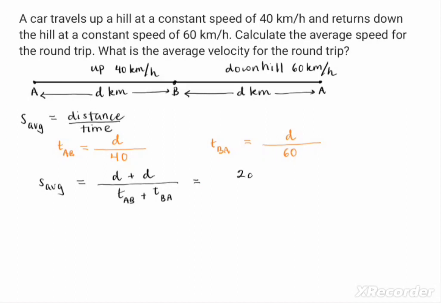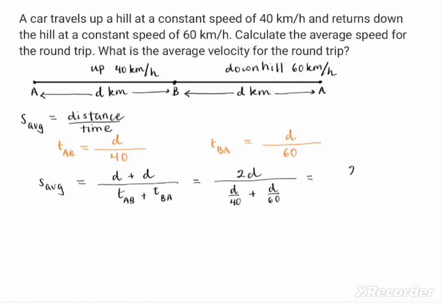So we have 2D on top, and then we have TAB plus TBA. So we have D over 40, and then plus D over 60.